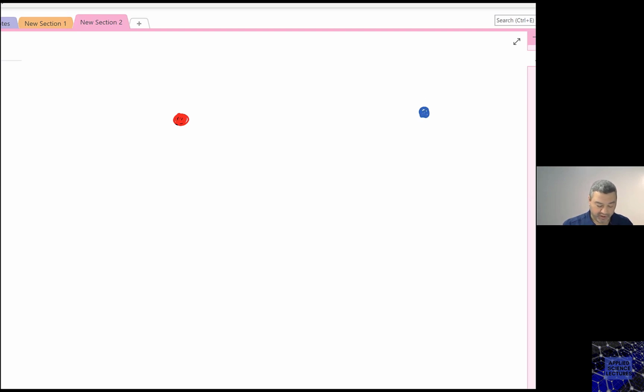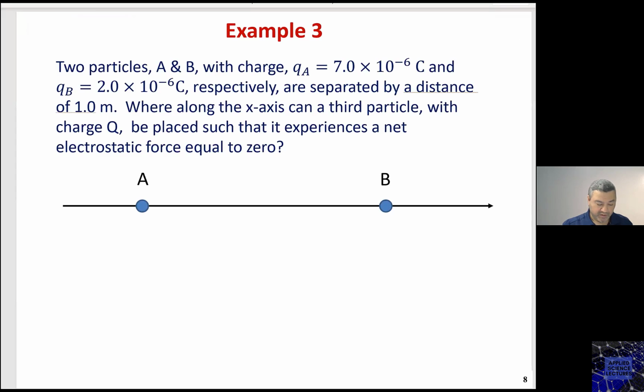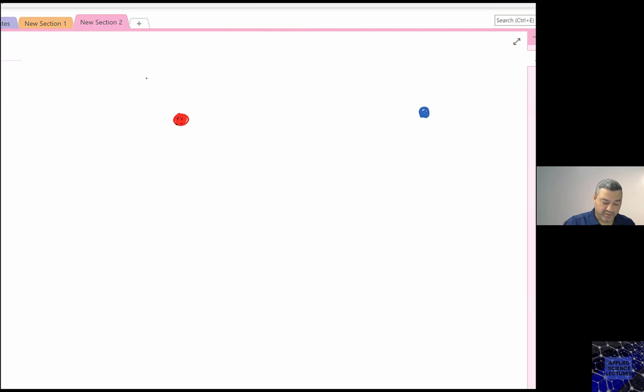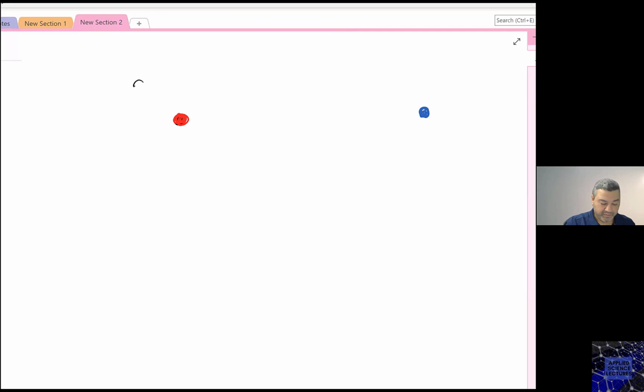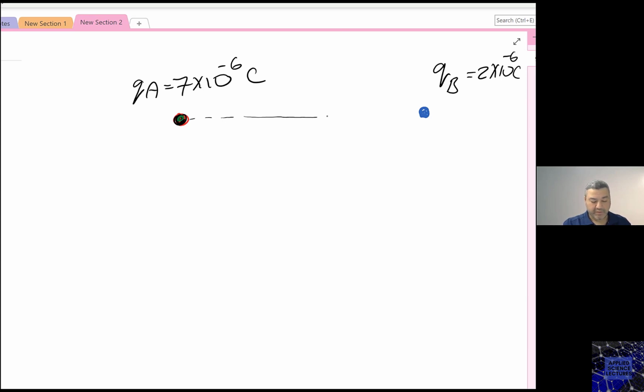So I have a QA as 7, QB as 2. Then the distance in between is 1 meter.